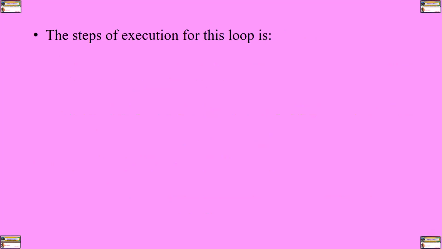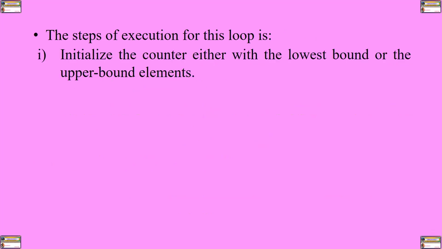So that's the syntax. Now, how is it implemented, or how does the compiler work with a for loop? The steps of execution for this for loop are as follows. Number one, you initialize the counter, either with the lower bound or the upper bound.